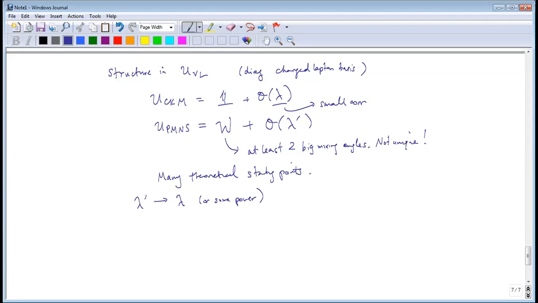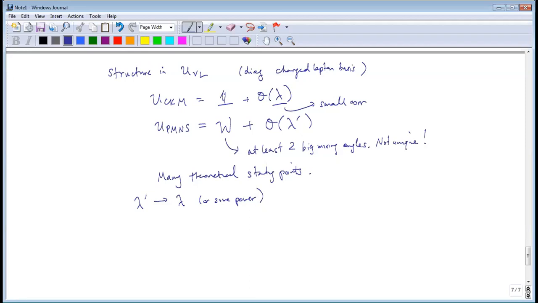For example, in the context of some sort of quark-lepton unification, you might expect that if there are small effects going on in the quark sector that are Cabibbo, they might show up also in the lepton sector. And so the idea then is once we have these types of corrections, then whatever this W is, whatever their mixing angles were in the W matrix in some sort of limiting case before we turn on the corrections are going to be corrected themselves.